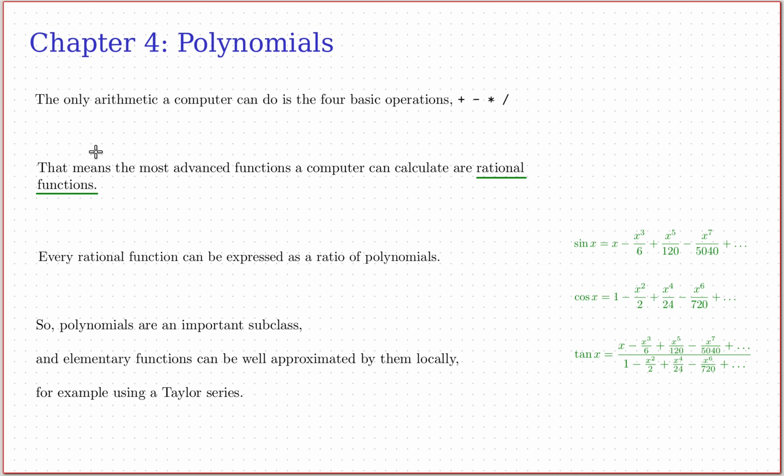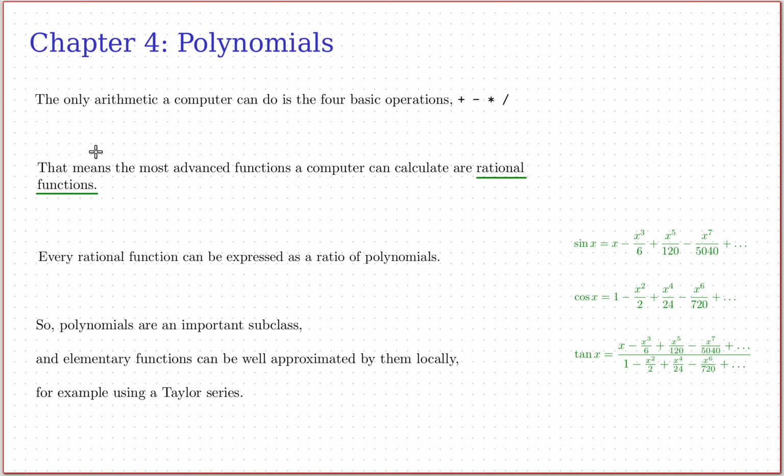So every rational function can be expressed as a ratio of two polynomials. That means that polynomials are an extremely important subclass of the functions that you can work with on a computer directly, right? And furthermore, just by dividing two polynomials, you get everything a computer can do. So it's well worth devoting a whole chapter to polynomials.